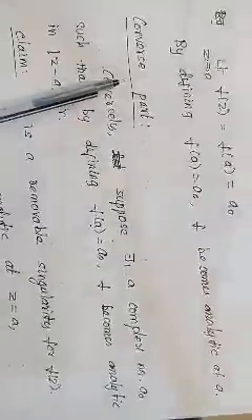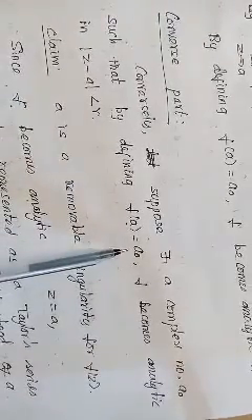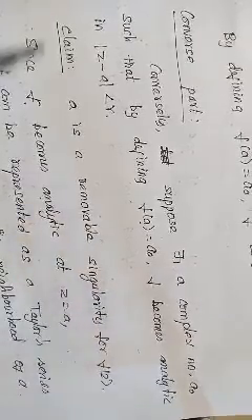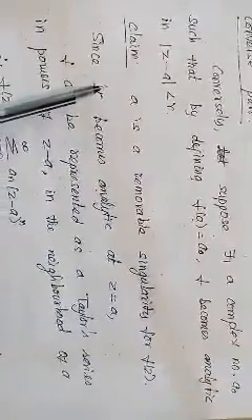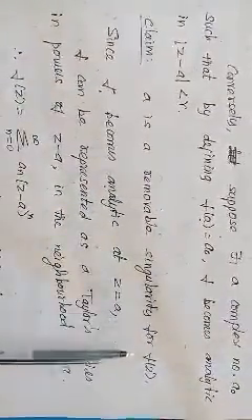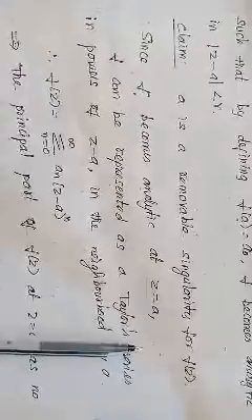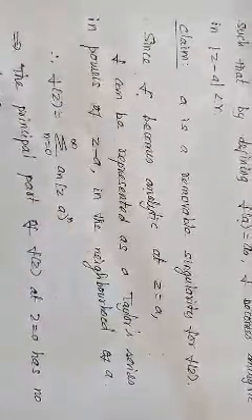Now coming to the converse part. What am I going to take? I am going to define f of a to be a naught, and I am going to consider that f becomes analytic when I define f of a equal to a naught. What I have to prove is that a is a removable singularity for f of z. How am I going to prove that it is a removable singularity? According to the definition, I should show that the principal part of f of z contains no terms in the Laurent series expansion of f of z about z equal to a.